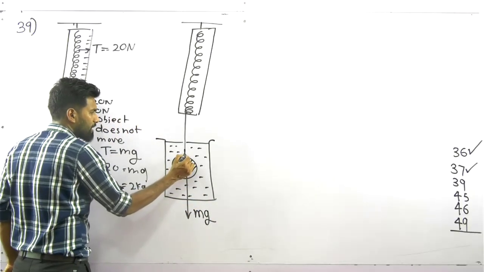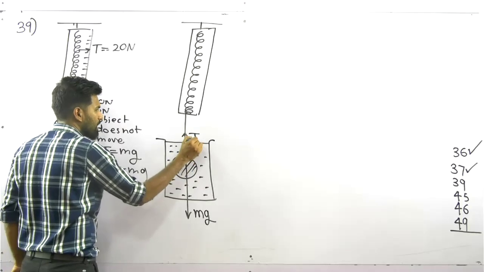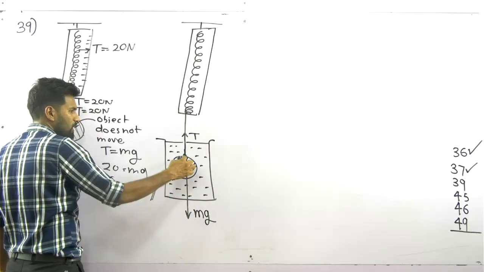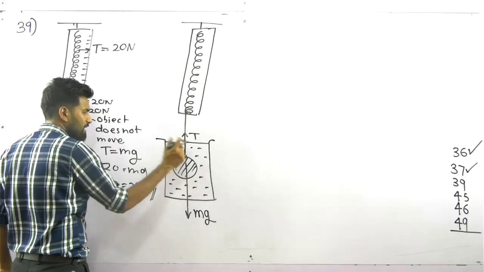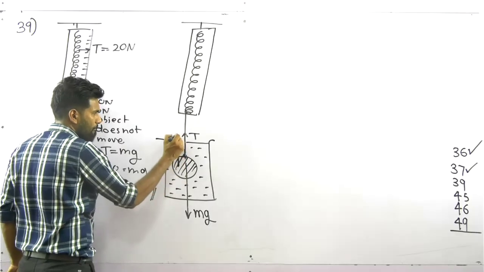Weight mg, tension attracts the connected point towards the string itself, and as it's inside the liquid, upthrust is there.